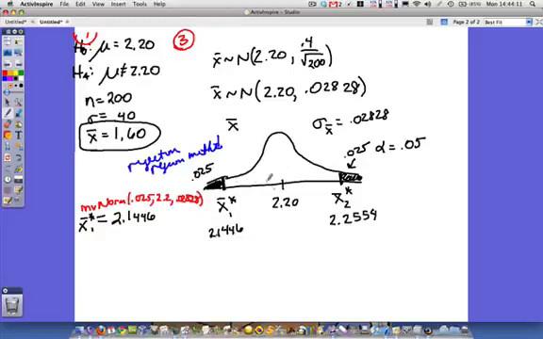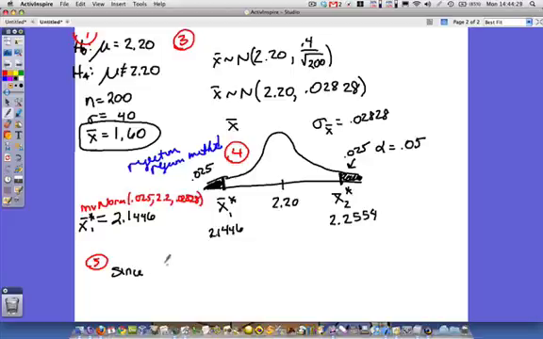So this right here, doing the work, finding the critical values and figuring out where x bar falls, that is step 4. And step 5 then is just doing the conclusion, and in the conclusion you have to have this comparison.